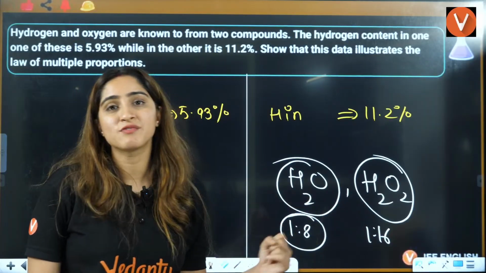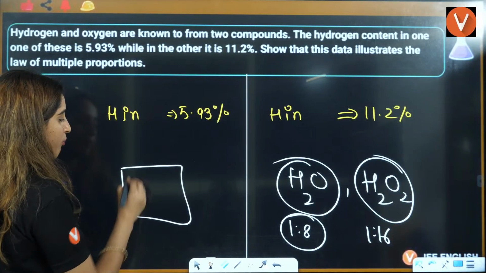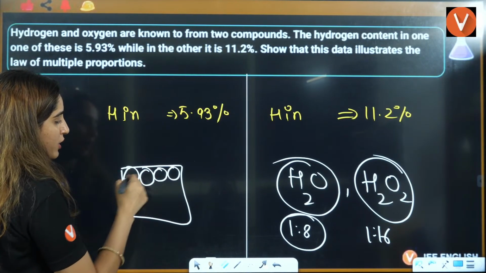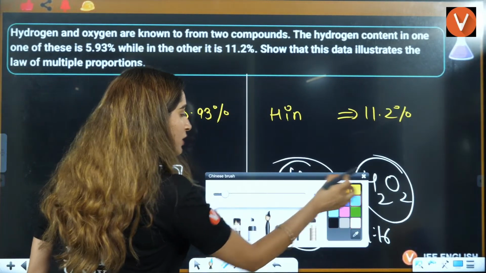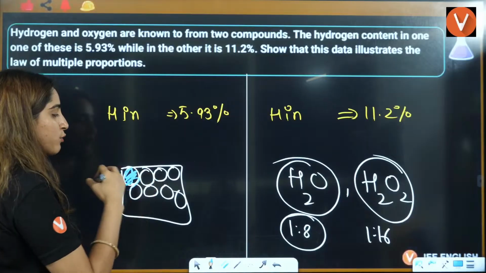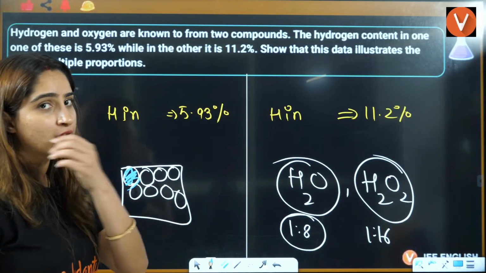So which one has less? It's like you have 8 balls here, 1, 2, 3, 4, 5, 6, 7, 8, and out of that only 1 ball is of hydrogen. In the other case you have 16 balls, out of which only 1 is hydrogen.